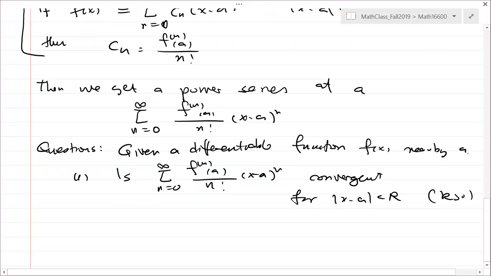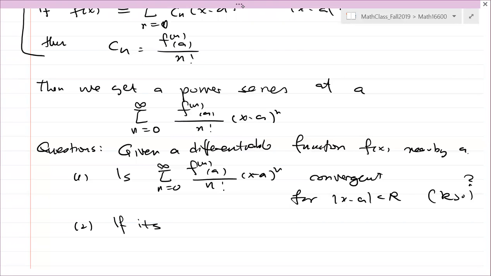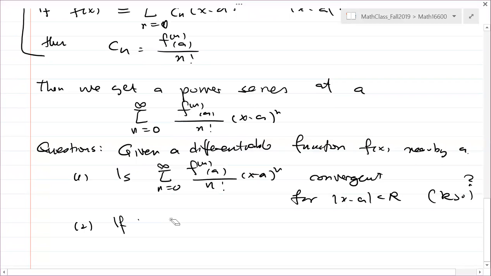We don't know. Second, if it is convergent, is it convergent to the function?